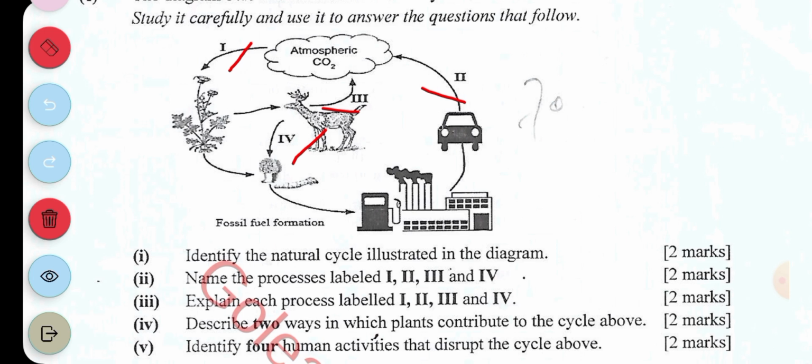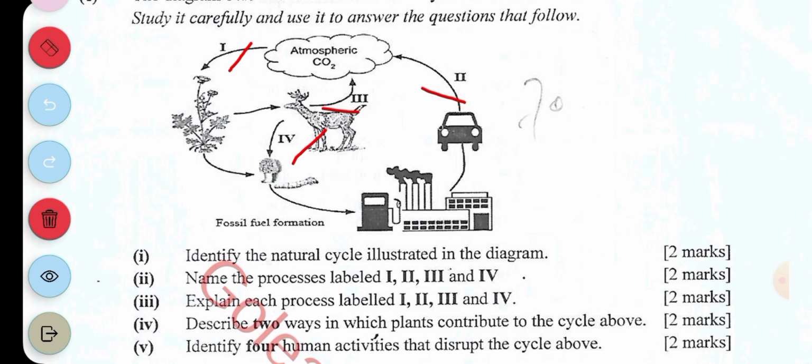Explain each process labeled I to IV. So photosynthesis is simply the use of carbon dioxide by plants to make their own food. Then II is combustion, where fossil fuel is burnt in an engine and then the carbon in it is released into the atmosphere.